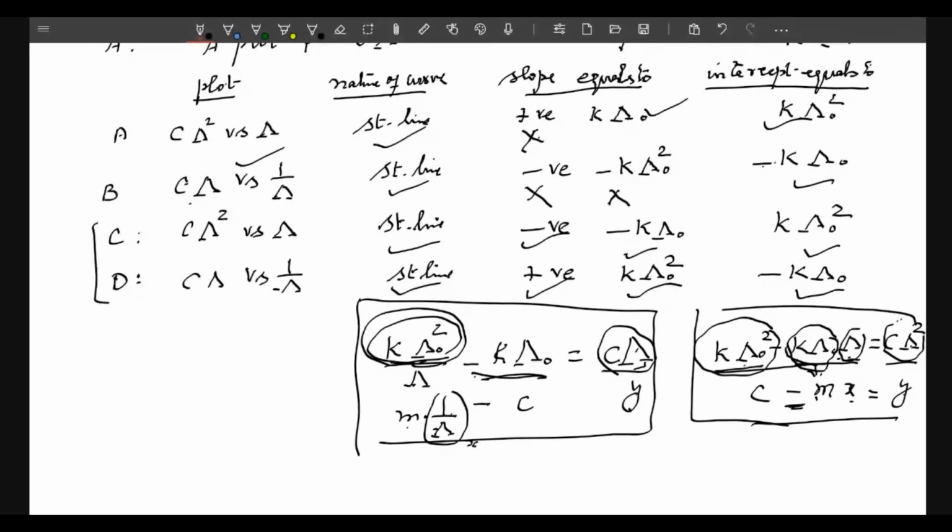Then take down this one. Option A, B are correct. Option B, C are correct. Option C, D are correct. Option A, D are correct. It is the correct answer.